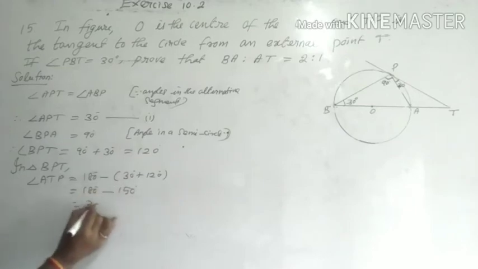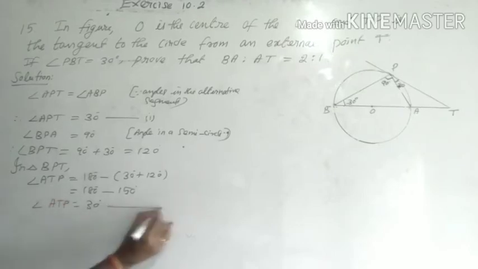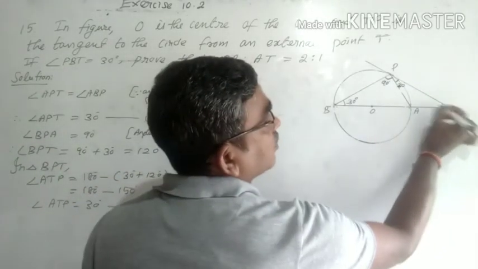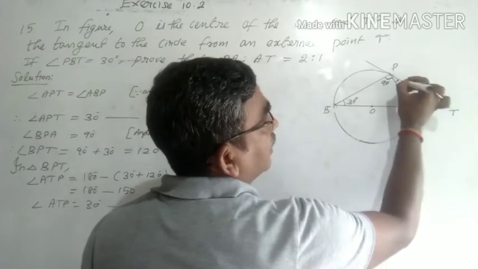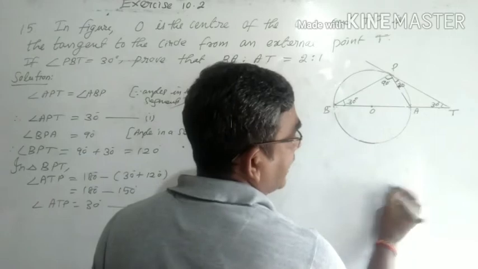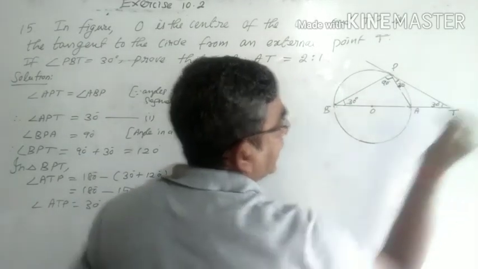So it must be 30 degree. That means angle ATP equal to 30 degree. Equation number 2. So angle APT becomes 30, this also is 30 degree. It is 30, 30. If the two angles are equal, PA equal to AT. In any triangle, if the base angles are equal, the sides will become equal. So PA and AT will be equal.